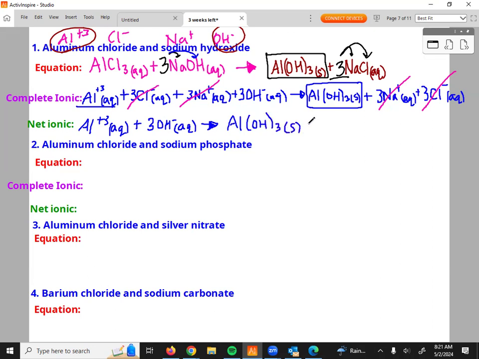Okay. And then I'm gonna go ahead and box it just so you can see that once you box it in the beginning, you should see it in every single reaction. And notice that your answer at the end is always going to be the ions that make up the solid. So notice how we have aluminum hydroxide. Well, we got aluminum on the left, hydroxide on the right. Okay.